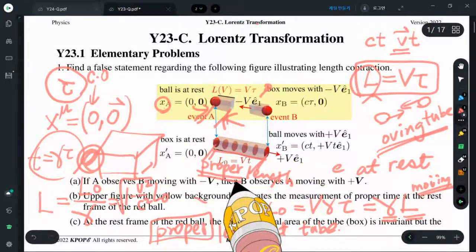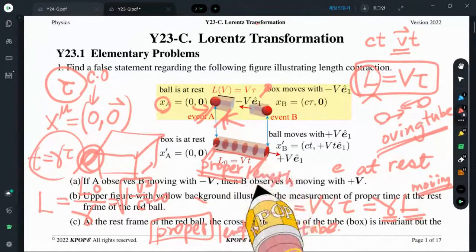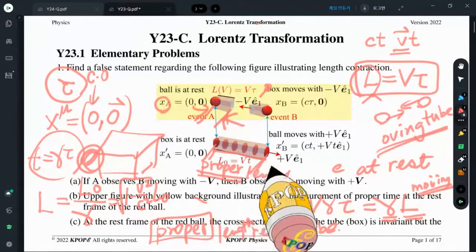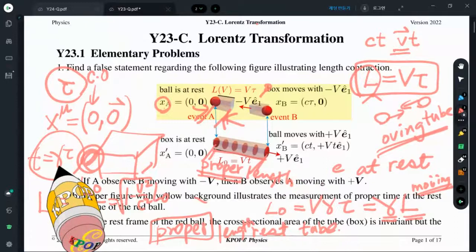That is the proper length. This says along the longitudinal direction, length is contracted. That is called the length contraction. That is exactly equivalent to the time dilation.